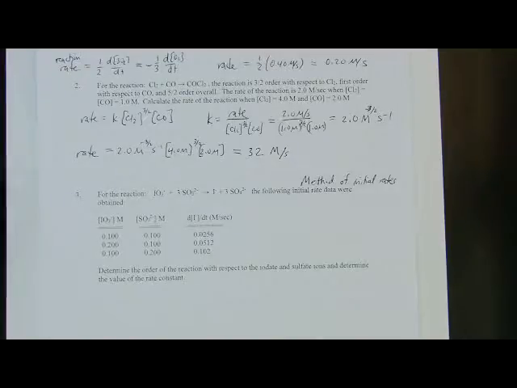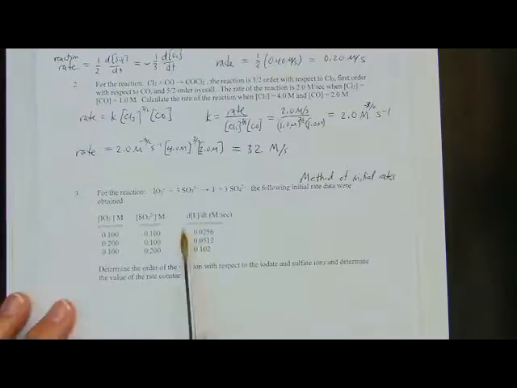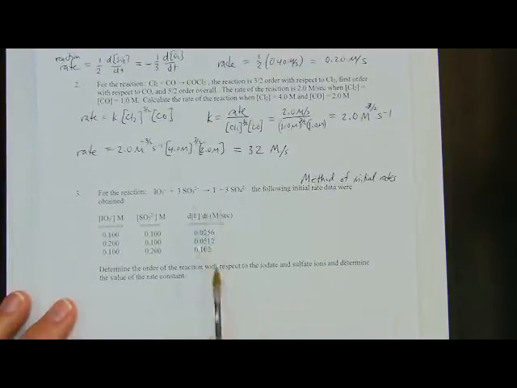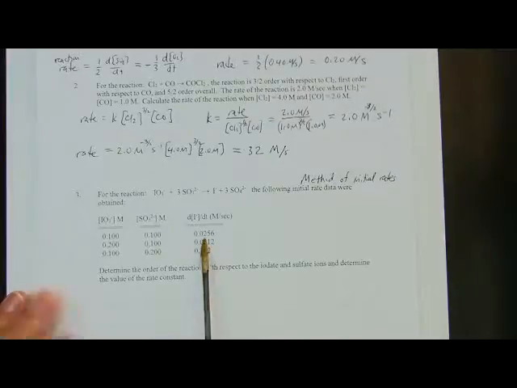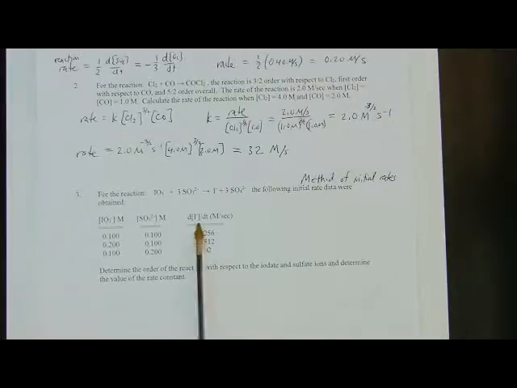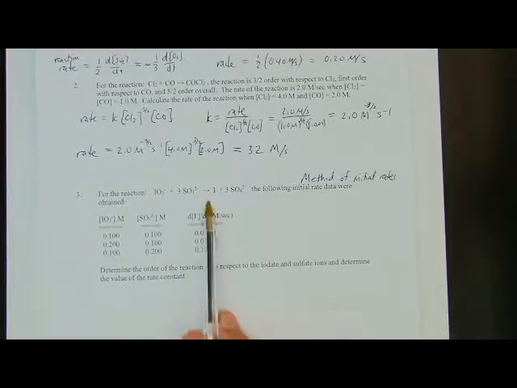So anyway, this is the method of initial rates. If there had been a 3 in front of this, I would have had to take these numbers and divide by 3 in order to get the rate of the reaction. This is the rate of how iodide is changing. Depending on the chemical reaction, it may be the rate if there's a 1 and it's a product.